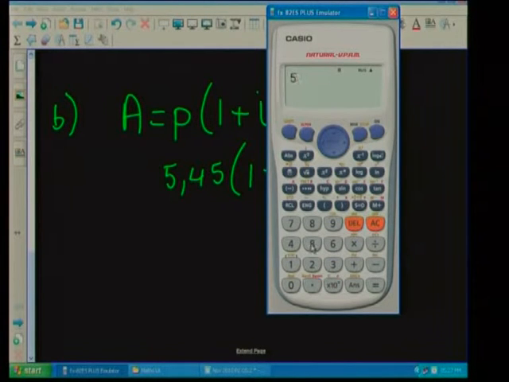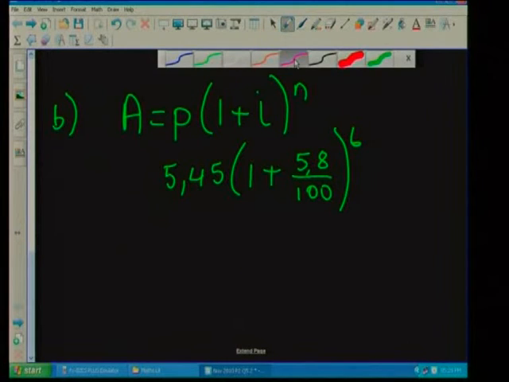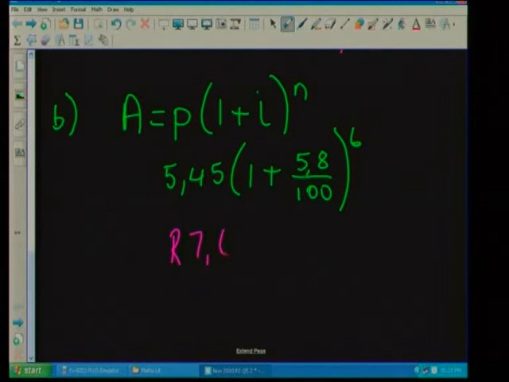It was 5.45, open that bracket, 1 plus, and use the fraction button, 5.8 divided by 100, all to the power of 6 for 6 years. And we get an answer of R7.64. That will be the price in 2014.